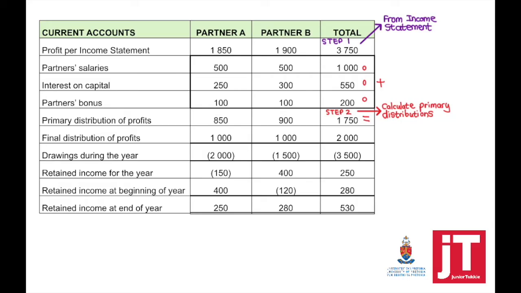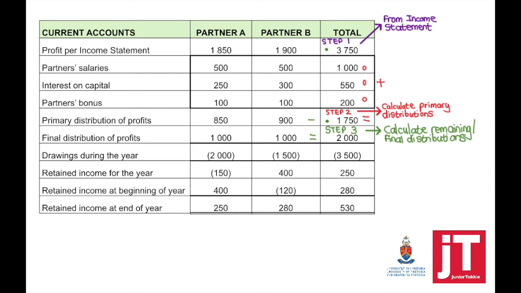Step number 2, calculate the primary distributions of profits. To calculate the primary, it's your partner's salary plus interest on capital plus partner's bonus. Step number 3, calculate the remaining profits or the final distributions of profits.